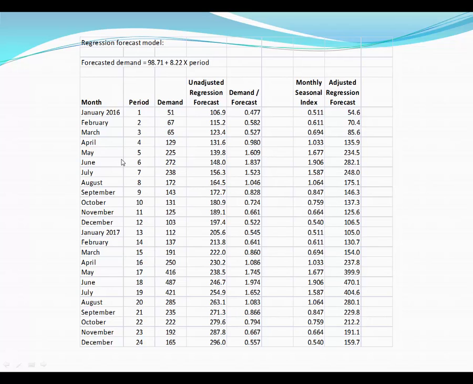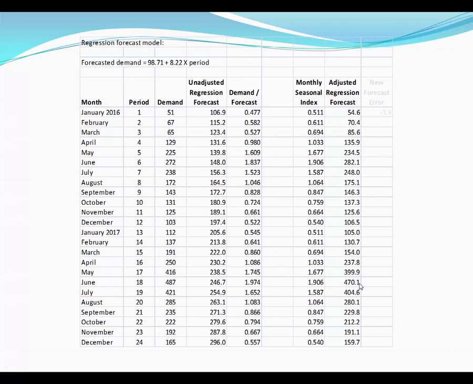In June of 2016, actual demand was 272. Our unadjusted regression forecast was 148, but we multiplied that by 1.9, in effect boosting it up to come up with an adjusted regression forecast of 282.1, which is much closer to what the demand actually was than what we had before with the unadjusted model.